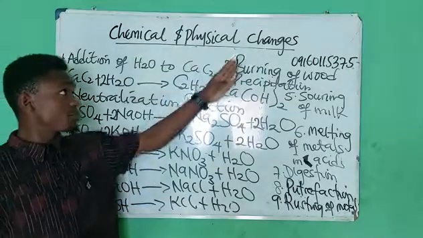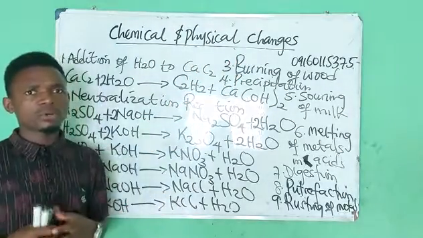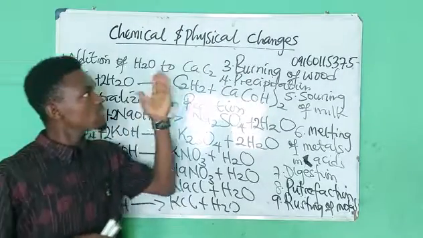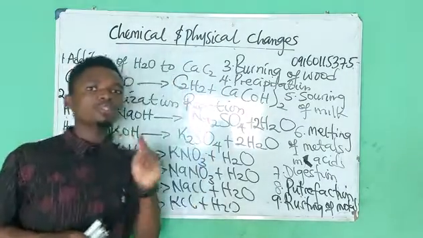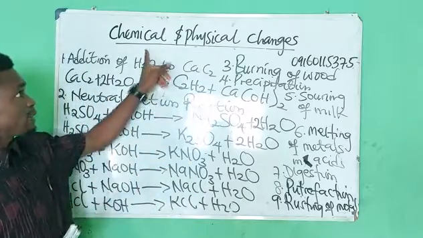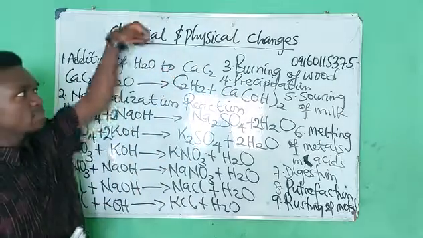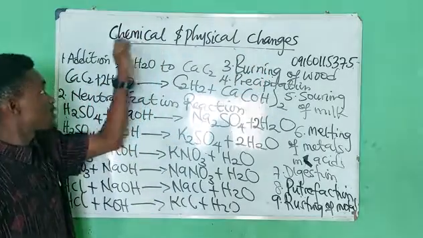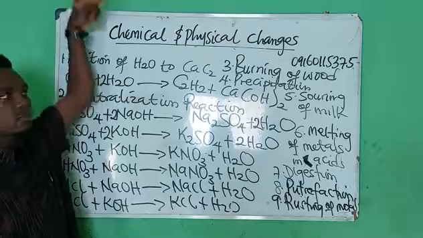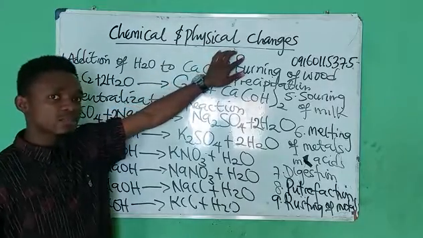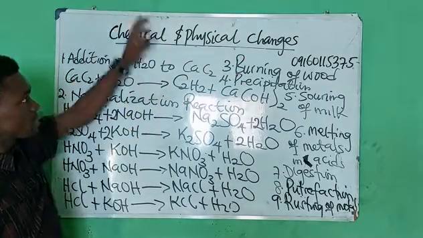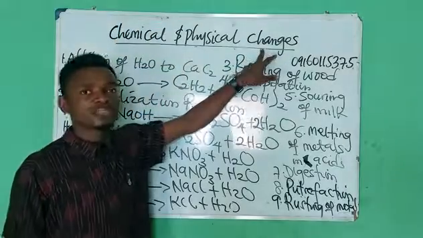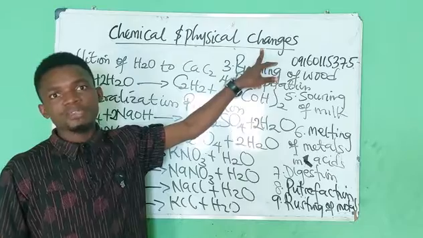The next one is physical changes. I don't write on the board because it is much easier than the chemical changes. What is a physical change? All that I've said regarding chemical changes, when they are reversed, you now have physical changes. We said that chemical changes are irreversible. Physical changes are reversible. We also said that new substances are formed in a chemical change, but in physical changes, new substances aren't formed.